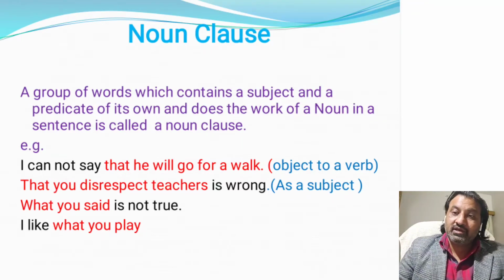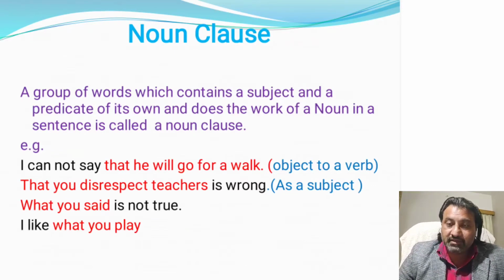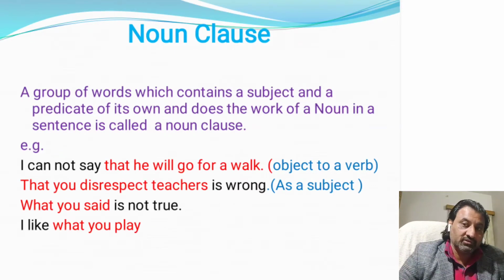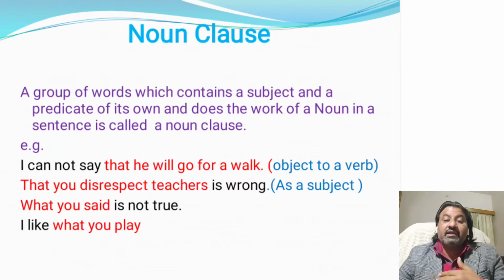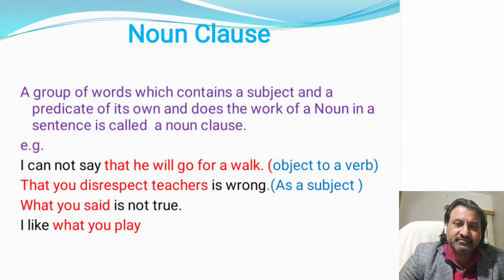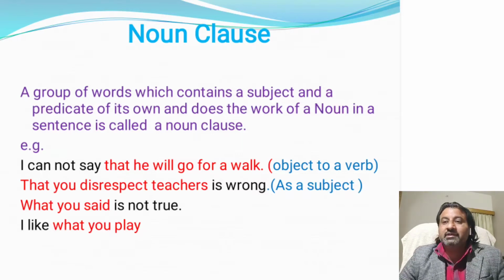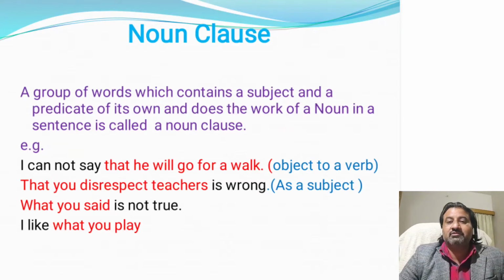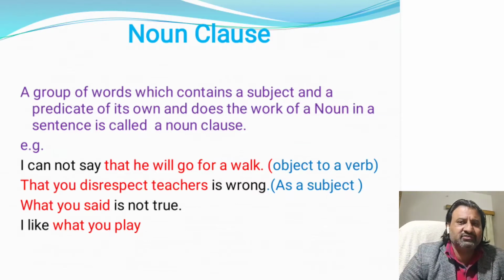Also, you can know a noun clause by placing the question "what" on the verb. I cannot say what? It means it is doing the work of a noun. Here it functions simply as a noun, and this is a noun clause. Another example: "That you disrespect your teacher is wrong."